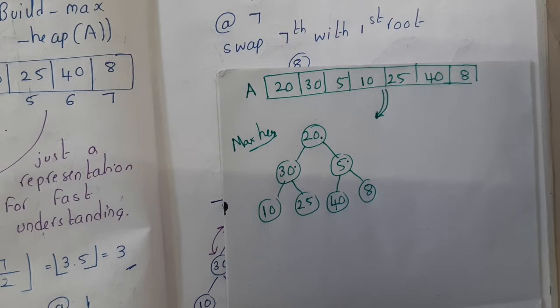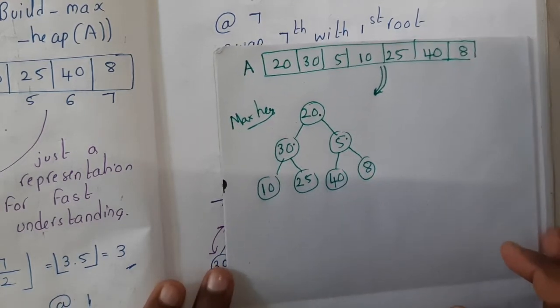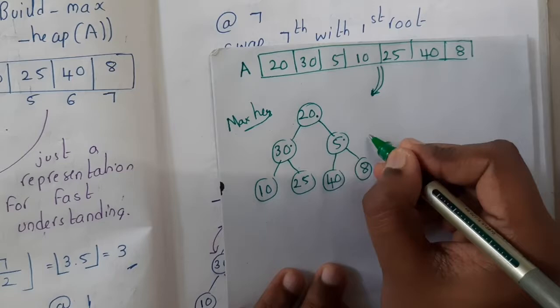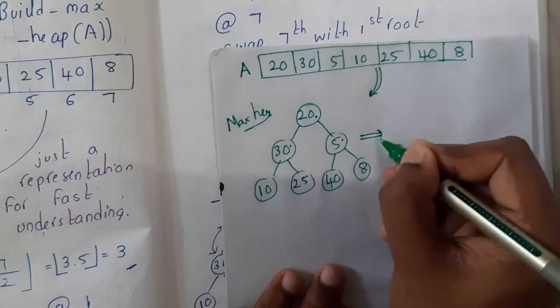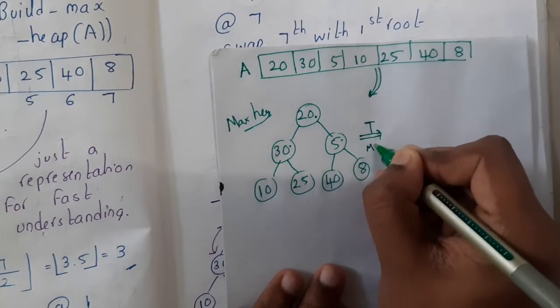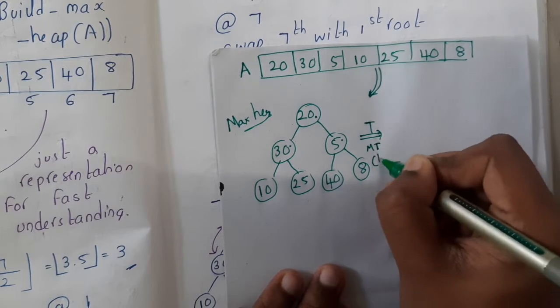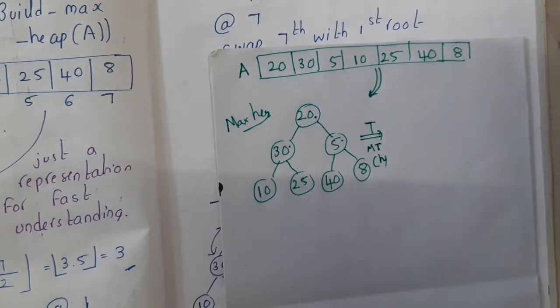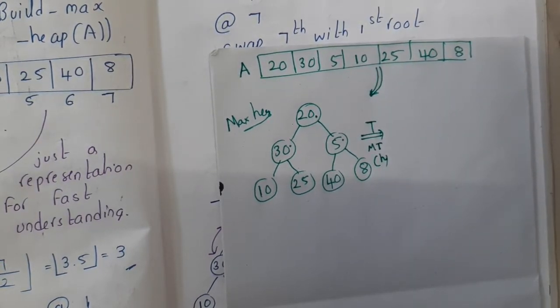I think everyone has watched the data structures lectures, because that idea is really important. Converting this tree into a max heap is nothing but heapify. In coding we use a function called heapify to do this. We will go through that logic also, so there is nothing to worry about.